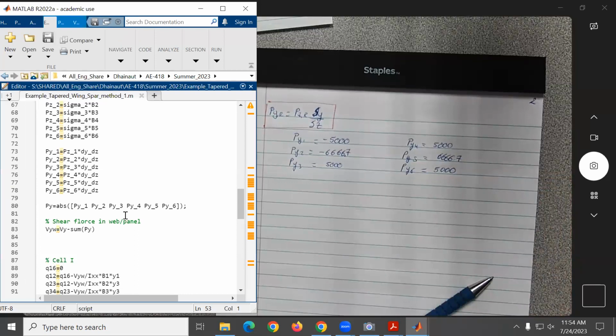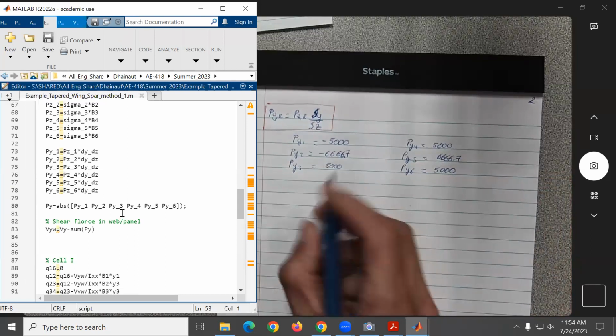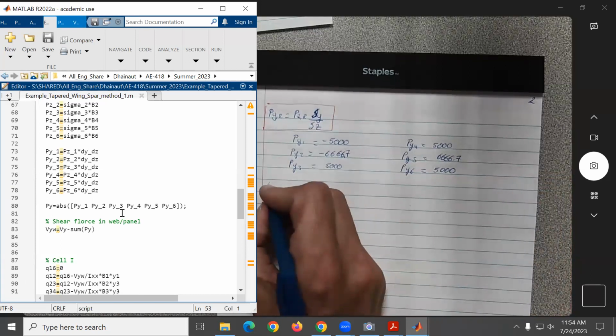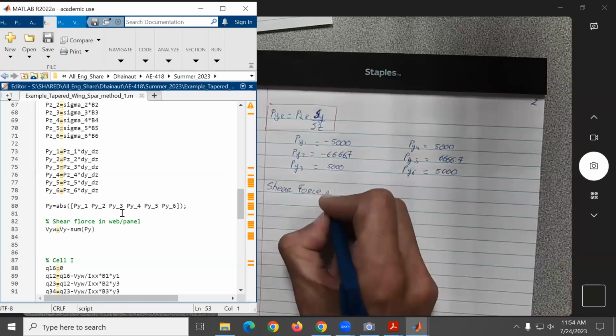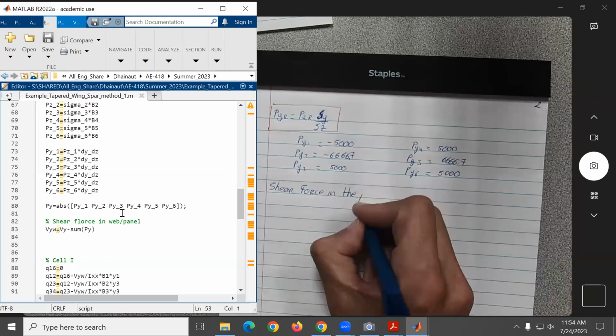So if you remember what we do all this stuff, now we can find the shear force in the panel.